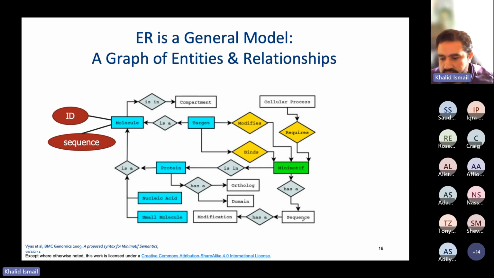Okay, so this diagram shows that an ER diagram can represent more sophisticated data models. Anyone has any questions so far? All good?